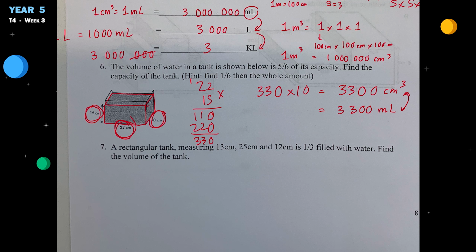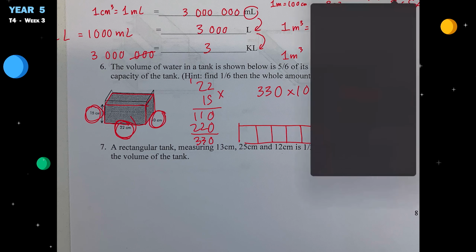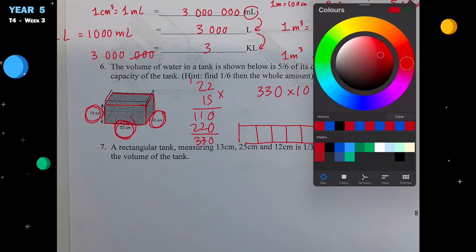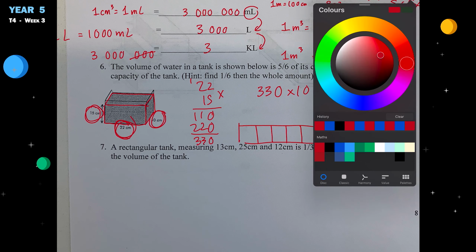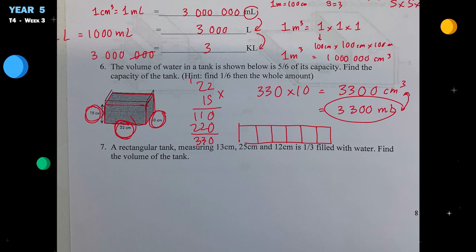Now this amount is 5/6 of the amount of water that the tank can hold. So imagine I've got a tank I divide into 6 pieces, and now I take only 5 of them: 1, 2, 3, 4, 5.